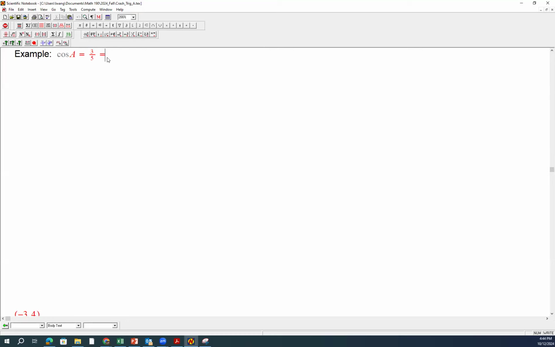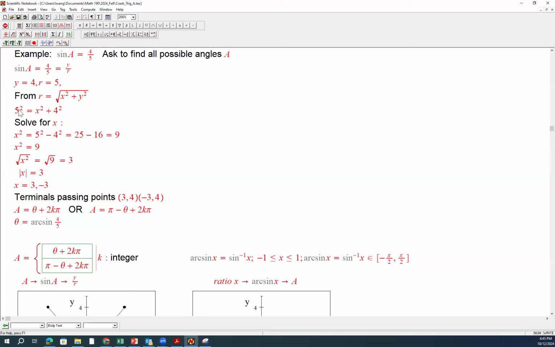By definition, it's x over r, so we know that x equals 3, r equals 5. If we know x, we know r, can we find y? Of course.